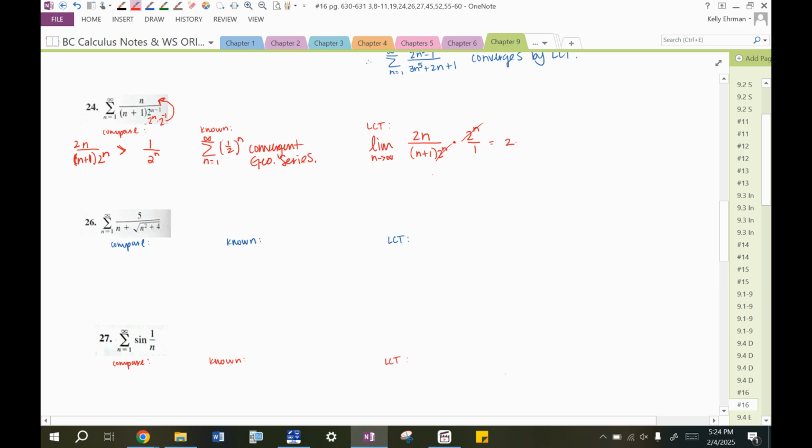And again, as long as you get a number between 0 and infinity, then the two series act together. So I can say the original problem, the series of n over n plus 1 times 2 to the n minus 1, also converges by limit comparison test.